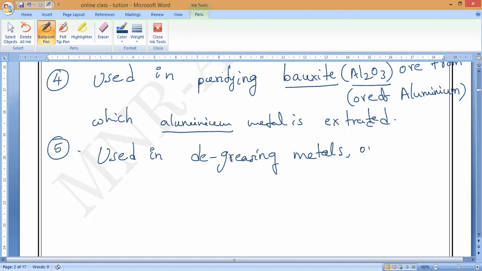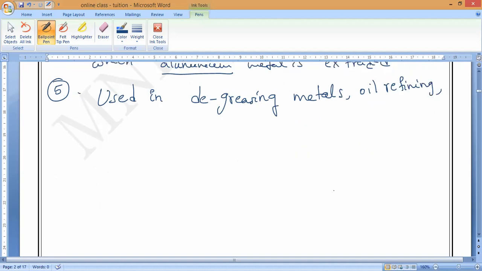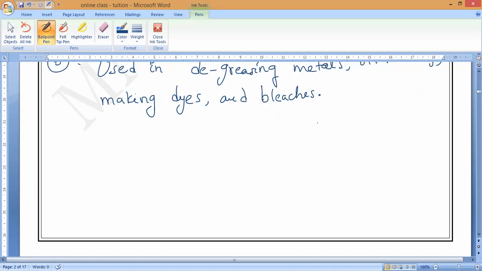Next one, oil refineries. Oil refining means filtration of oils like cooking oils. It is also used for making dyes and bleaches. Dyes means colors. Bleaches means chemical agents which we use to kill the germs. So these are the uses of sodium hydroxide.